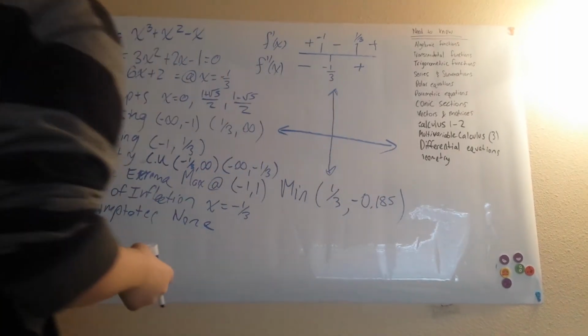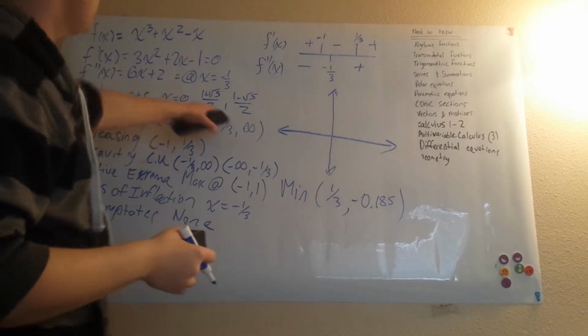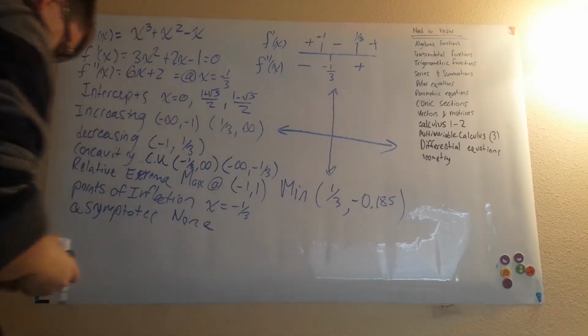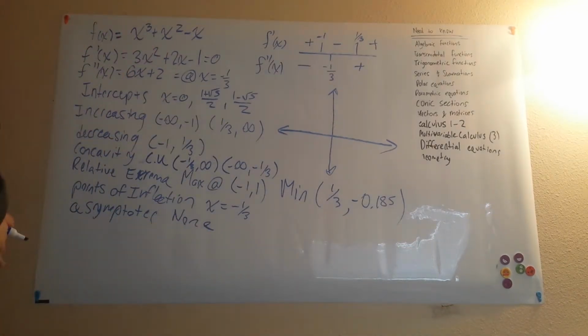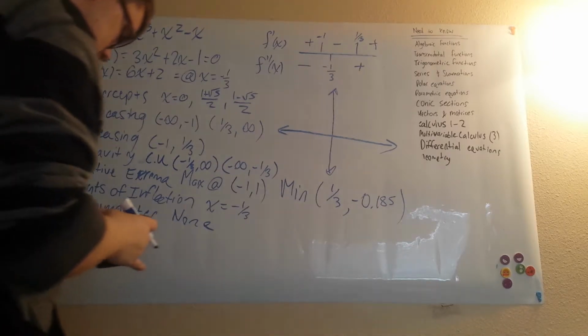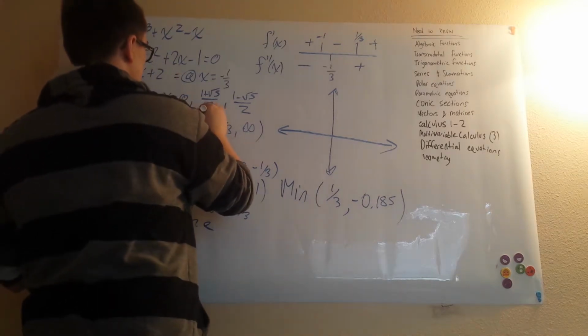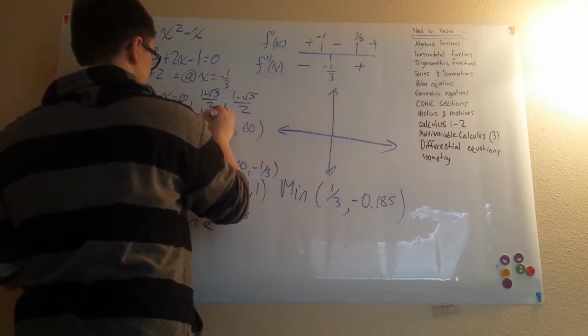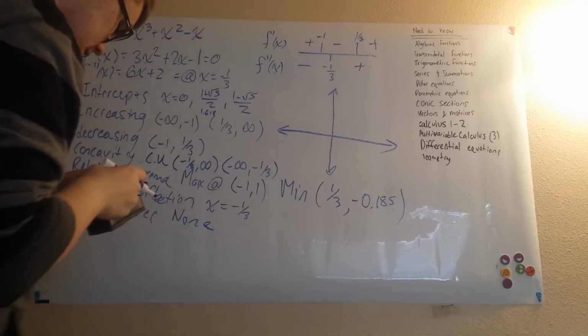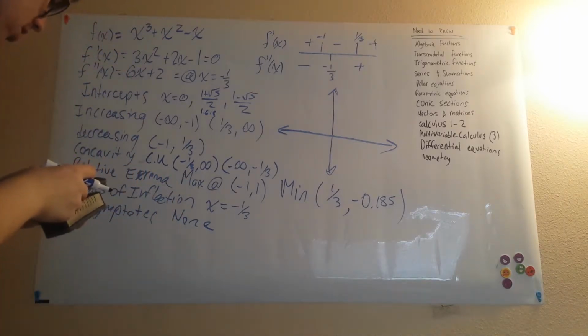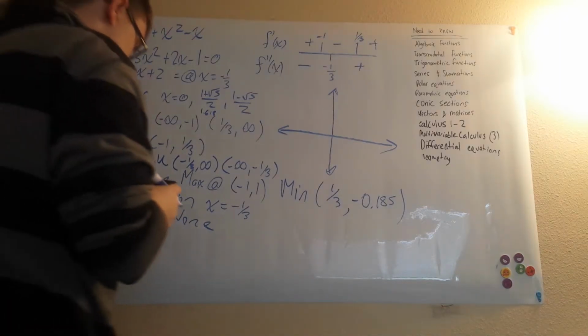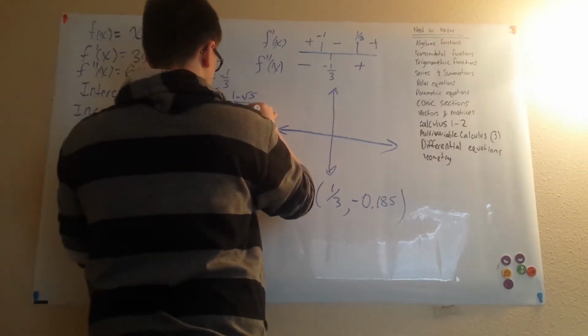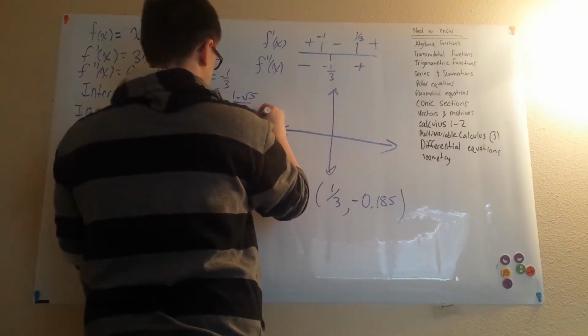So let's do that. Let's graph it. I'm going to put these in decimal form. So 1 plus the square root of 5 over 2 is 1.618, right? And the negative one would be negative 0.618.